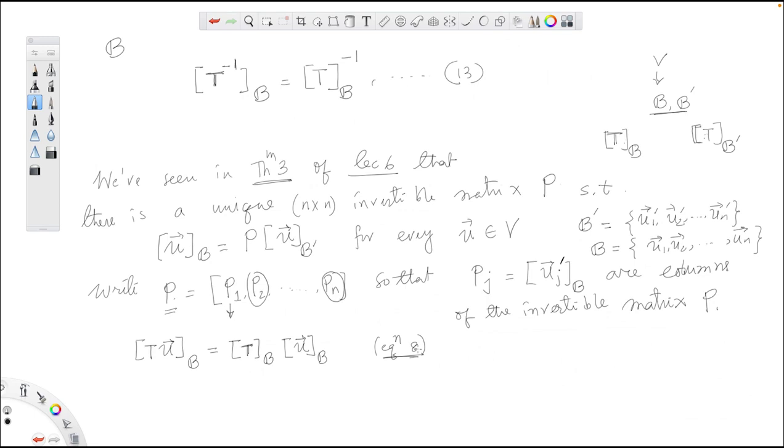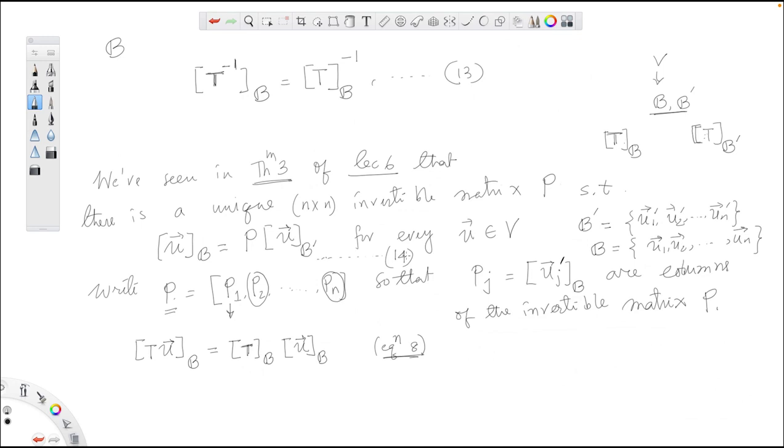We denote this equation by 14. This was 13 and this is 14.